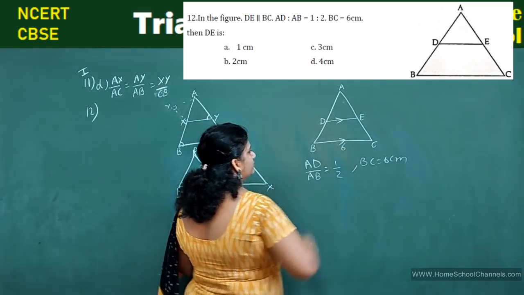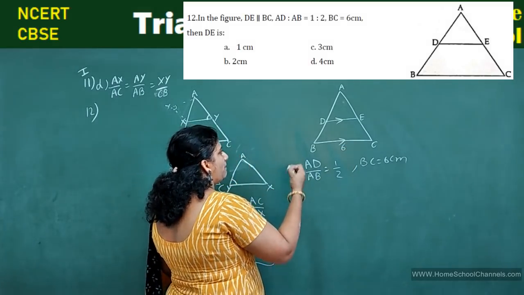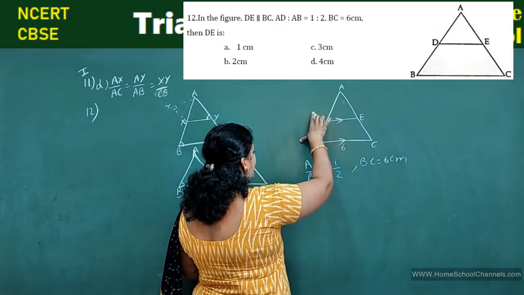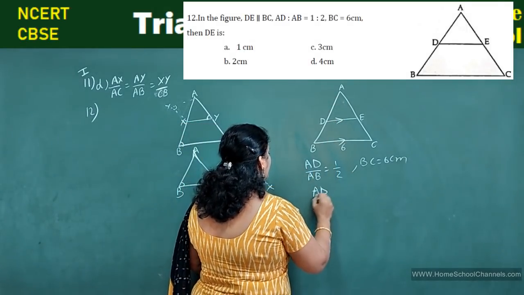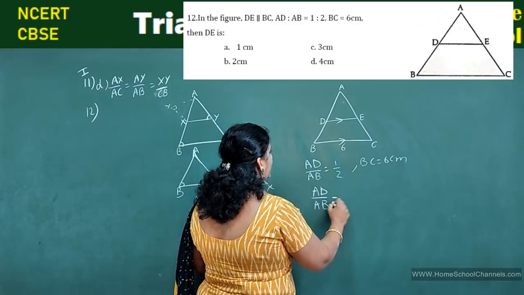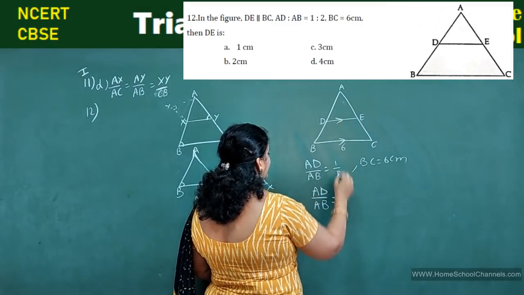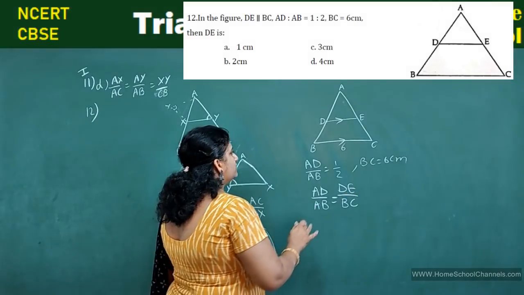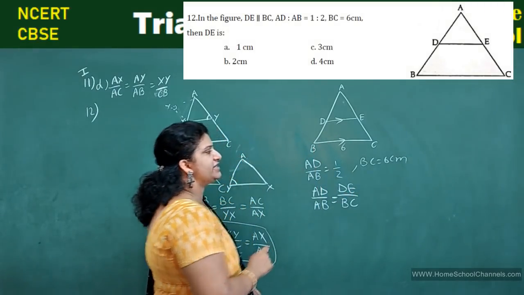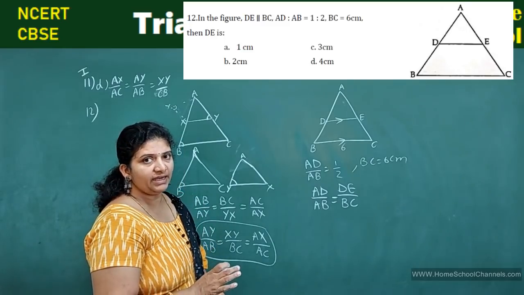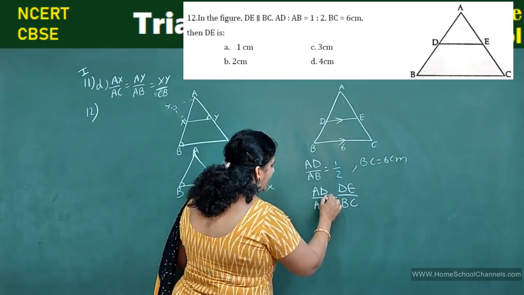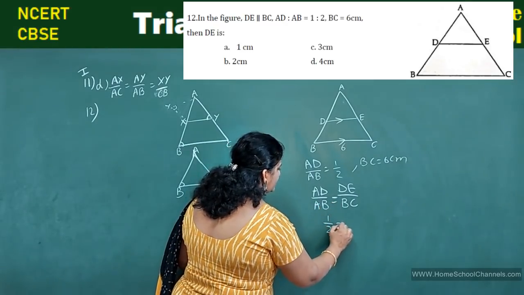BC is 6, given. So we know by the corollary, AD by AB is equal to, I don't want the third side, I take this one, DE by BC. So the two triangles' ratio is given. It will be equal to the 1:2 ratio. Therefore, the AD by AB ratio is 1:2.